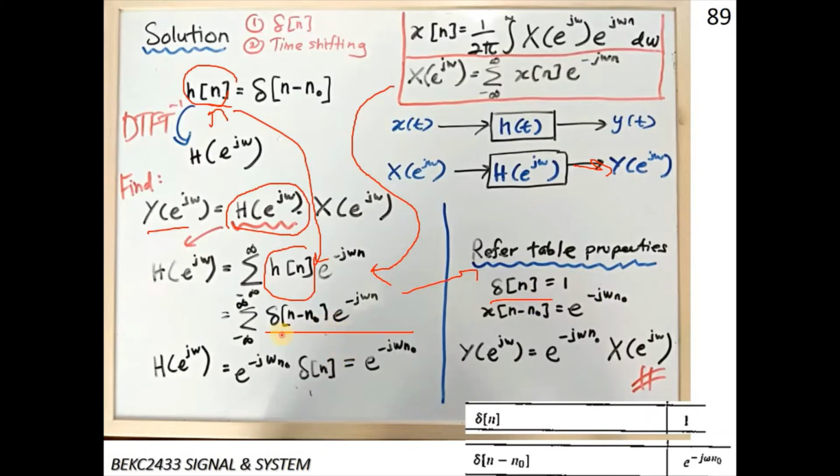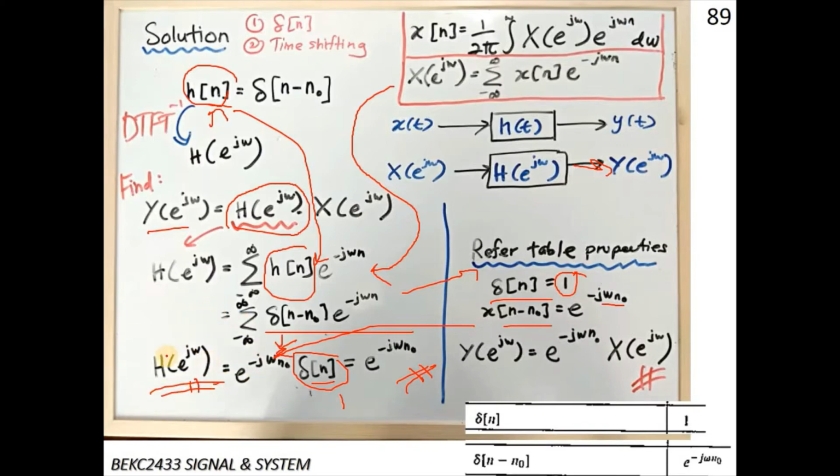Therefore you can rewrite this: delta[n] gives 1, and the shifted term is written as e^(-jωn0). Okay, delta[n] gives the value 1, so therefore you have the final answer here. You haven't solved the equation yet.